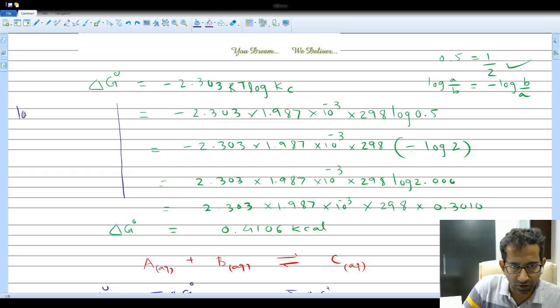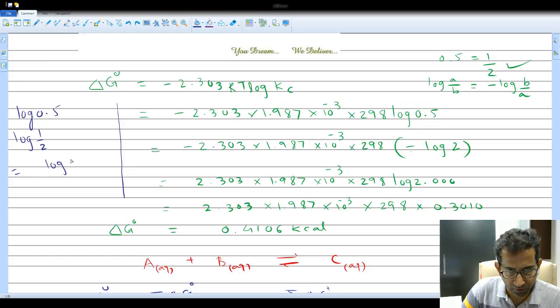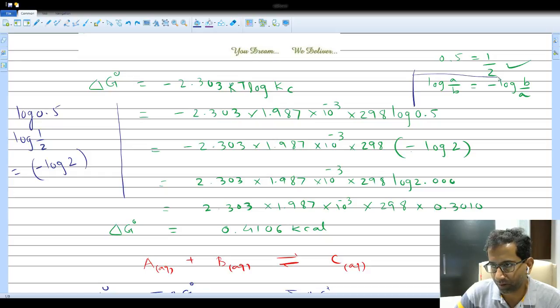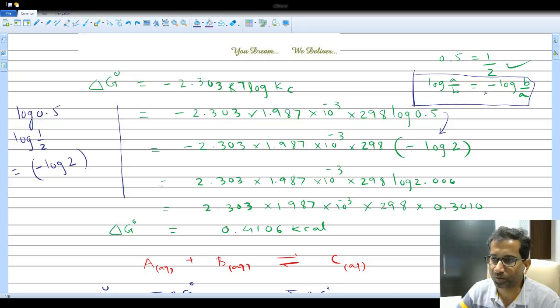Because it is log 0.5, that is log 1 by 2, which is minus log 2 as per this principle: log a upon b equals minus log b upon a. So instead of log 0.5, you can put minus log 2. So this point is important.